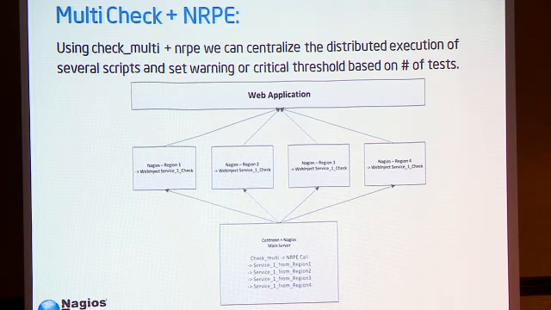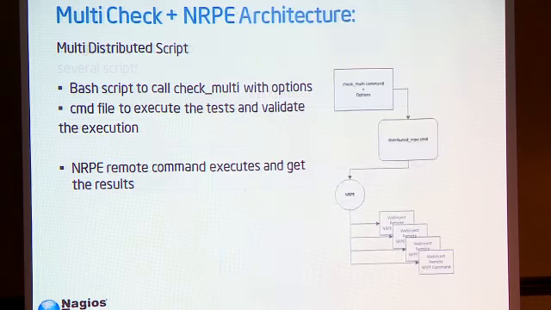So what we did is create a script that is using the multi-check script with NRPE from different regions. So you can have the same service check from different regions, and all of this in one centralized service. How does it work?